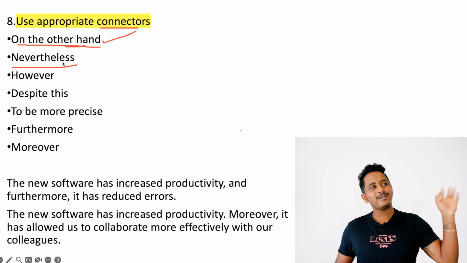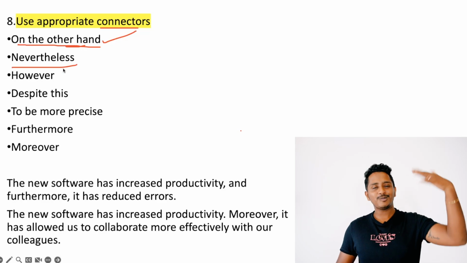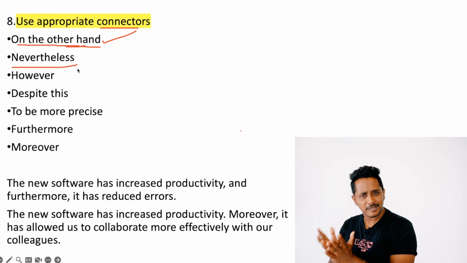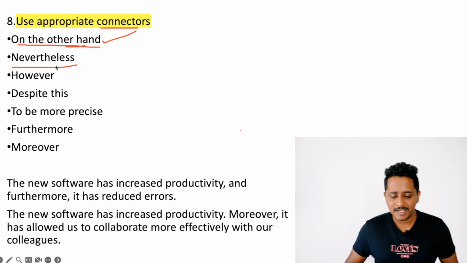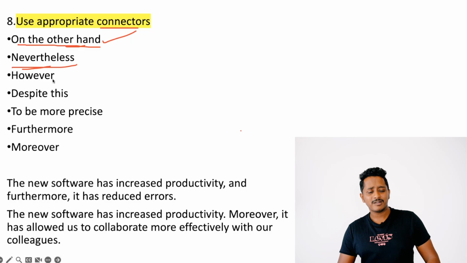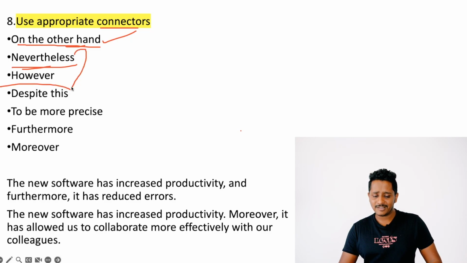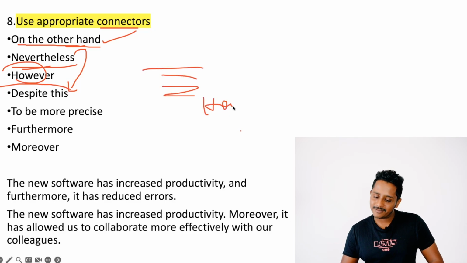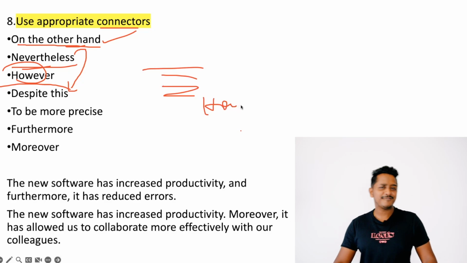Nevertheless, it's like in spite of all these things, you talk about all the disadvantages. Nevertheless, this one advantage is enough to outweigh all the disadvantages. Nevertheless is like although, despite. However is to show contrast. You talk about all good things, however, this one bad thing is enough.